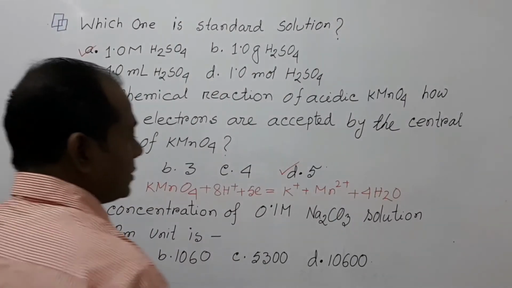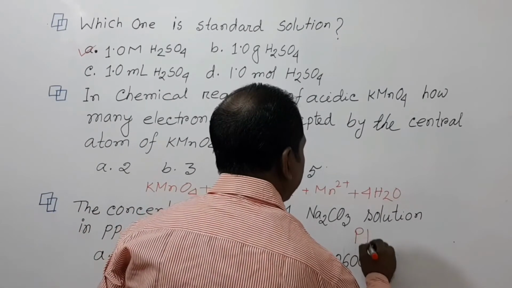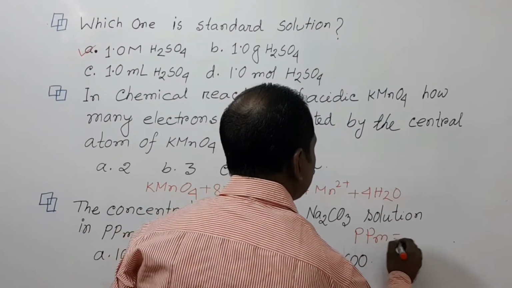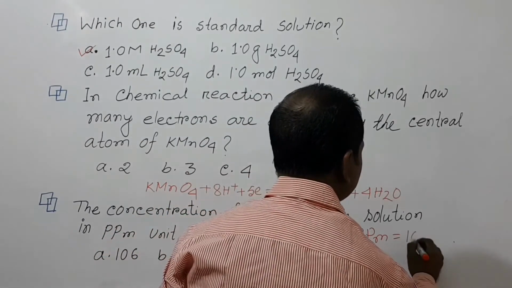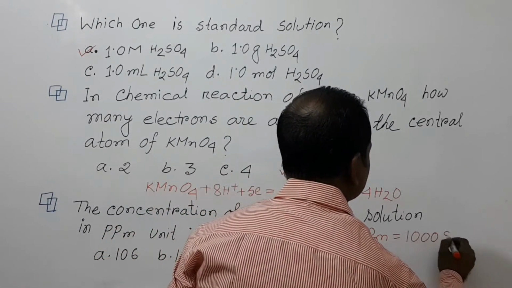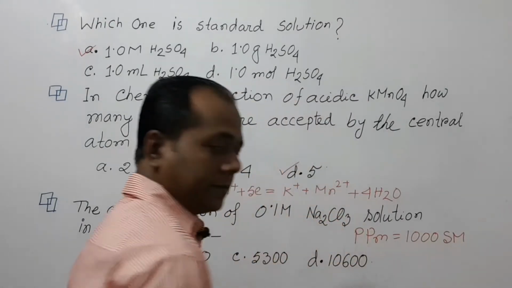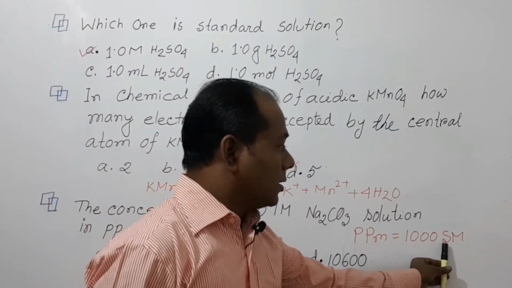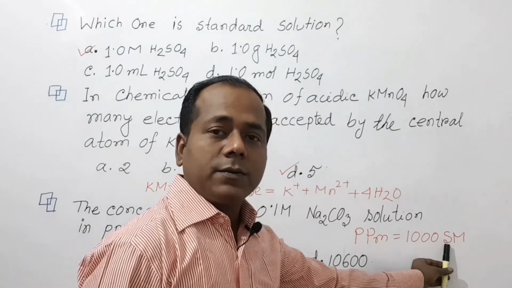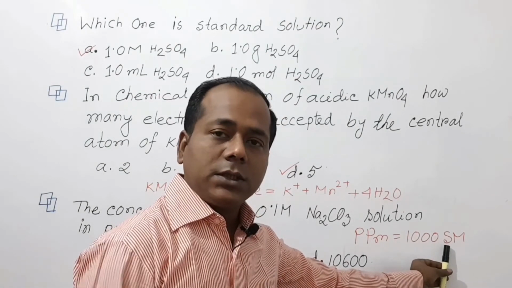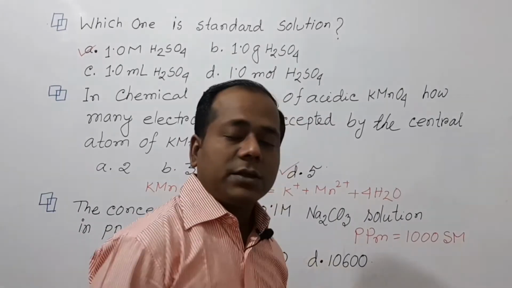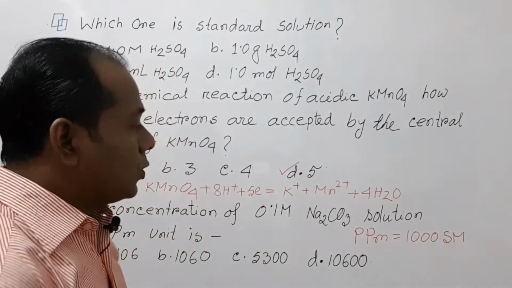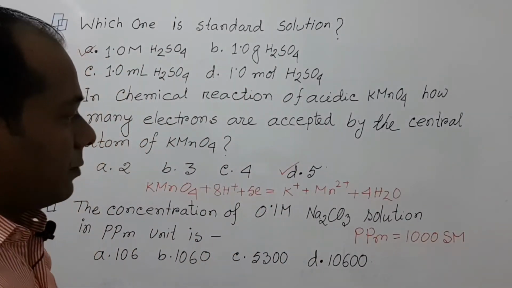We know that ppm equals 1000 sm, where s represents the molar concentration of the given solution and m represents the molecular mass of the compound.